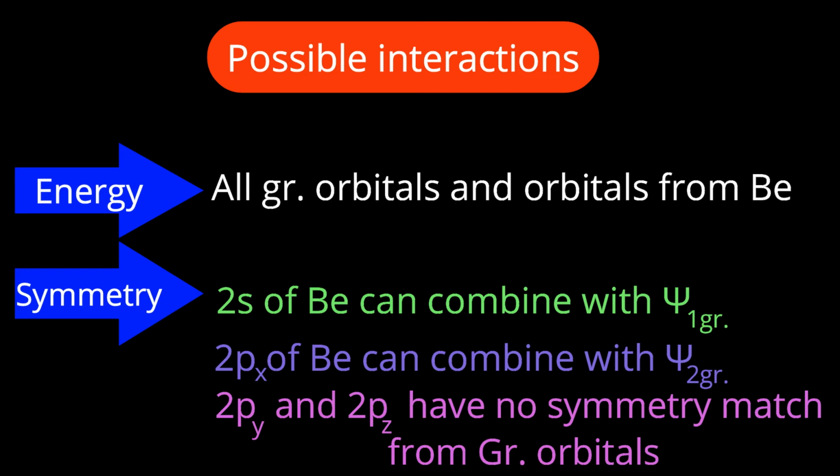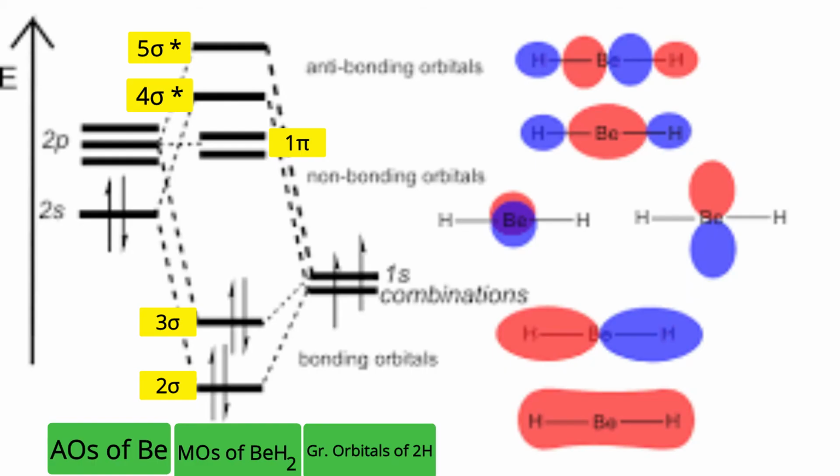The 2s orbital of beryllium is suitable to interact with which group orbital? Right, psi1. And what about the 2px orbital? Suitable to interact with the psi2 group. 2py and 2pz orbitals have no suitable symmetry partner, therefore they may remain non-bonding. Let us see the molecular orbital diagram for the BeH2 molecule. In this MO diagram, the 1s orbital of beryllium is not represented.